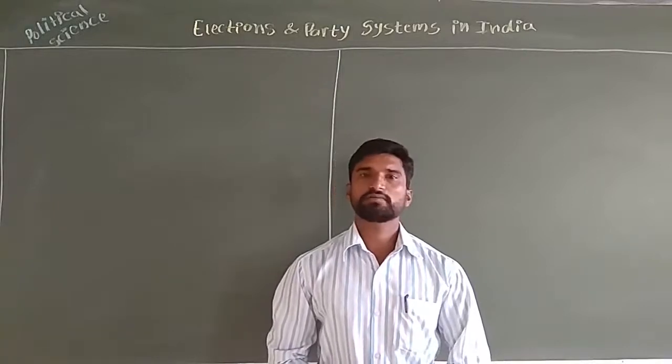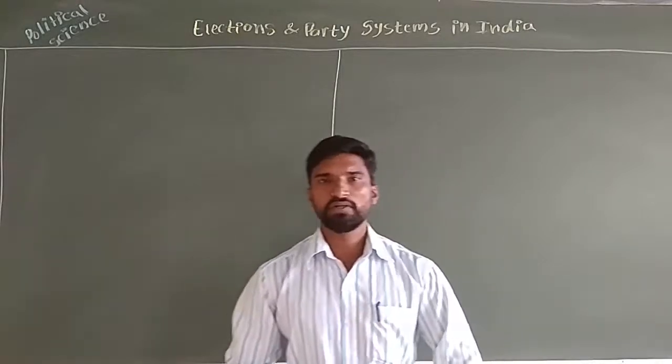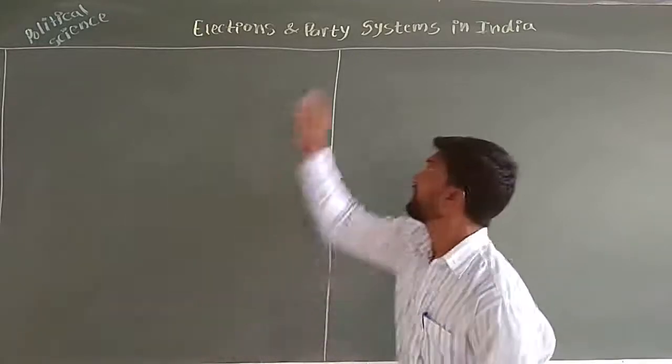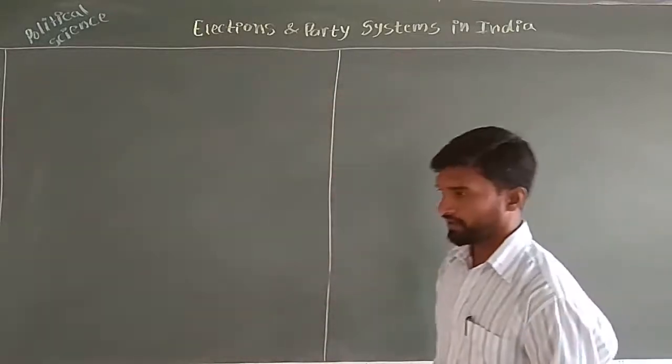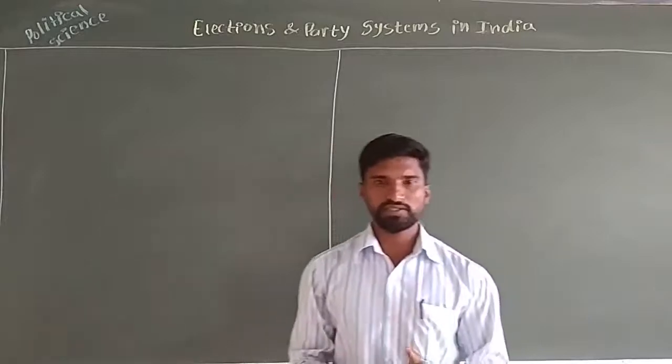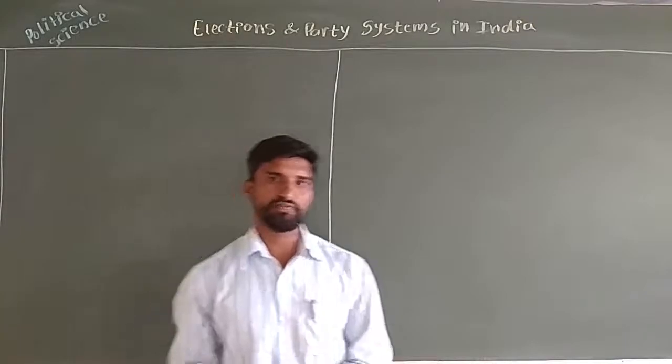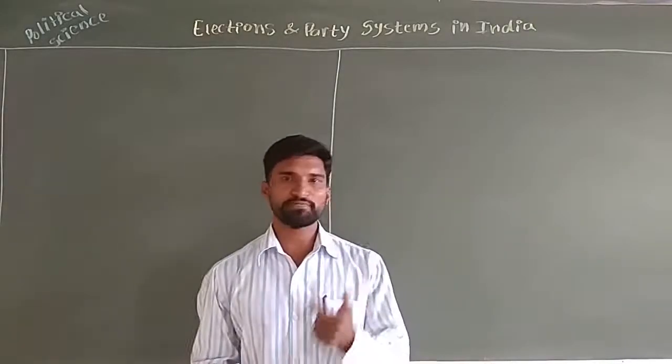So here we'll start now with the second unit, that is elections and party system in India. This unit consists of different meanings and definitions of elections, then different types of elections, direct elections and indirect elections.